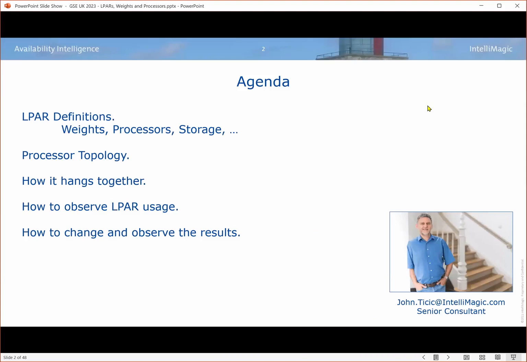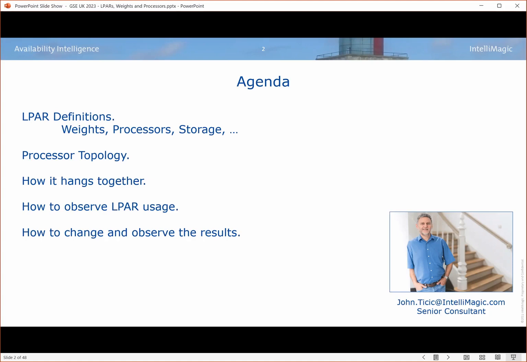Agenda, just quickly look at a couple of things like how you define an LPAR, just very general things. I would like to touch on the processor topology. That means for a particular architecture, what it looks like for a processor as far as cache and chips and what it's using, because that comes into this discussion.